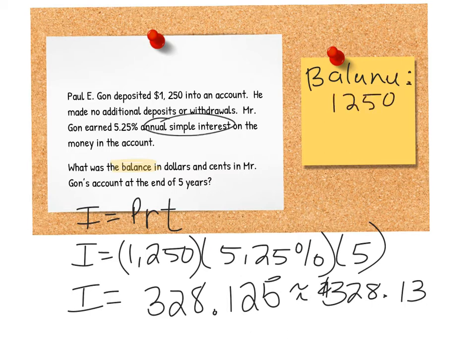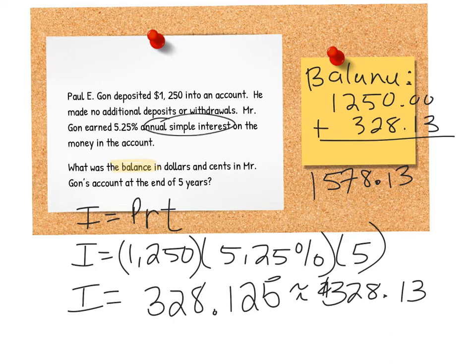I didn't take it out. Plus I earned $328.13. So my balance is $1,578.13. That is my answer for that question.